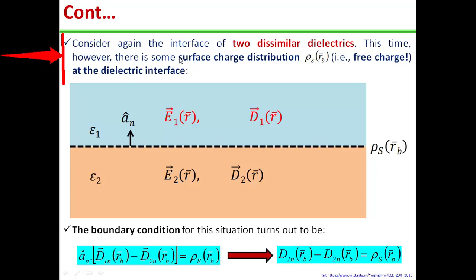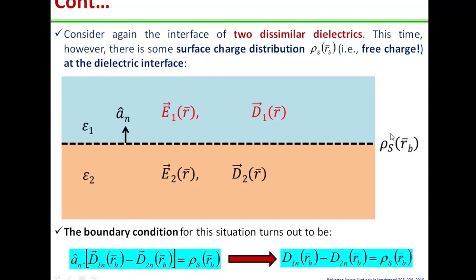Consider again the interface of two dissimilar dielectrics. This time, however, there is some surface charge density rho s distributed at the interface of the dielectric. Some surface charge density rho s(r), that is free charge at the dielectric interface, is considered.